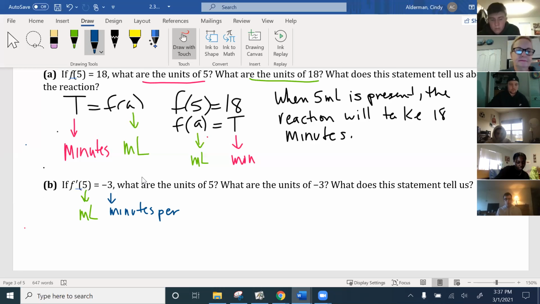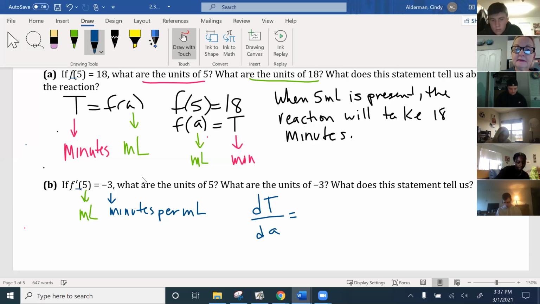Minutes per reaction. Nope, what's the other unit of measure? We have minutes and we have what else? Milliliter. Yeah, minutes per milliliter. So in Leibniz notation, by the way, this would be dt over dA.